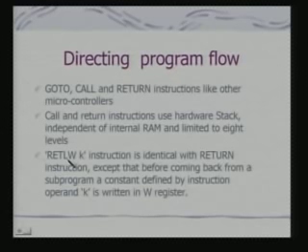There is also another very interesting instruction. This instruction is again a return instruction, except that before coming back from a subprogram, a constant defined by the instruction operand k is written in the W register. This is an interesting form, because a particular value is written onto the W register when you are returning from a subroutine call.